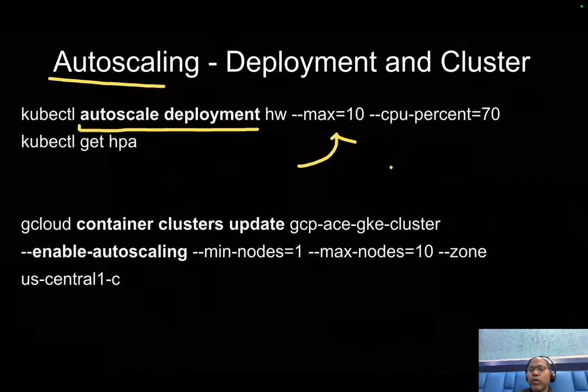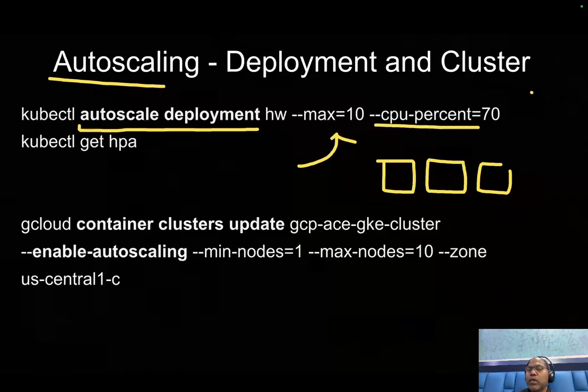The question is how autoscaling happens, on which criteria the cluster is going to add more pods for you. So you have to say, if CPU percentage is 70%, 80%, or any different criteria you can specify, which is the algorithm, the strategy on which basis scaling is going to happen.